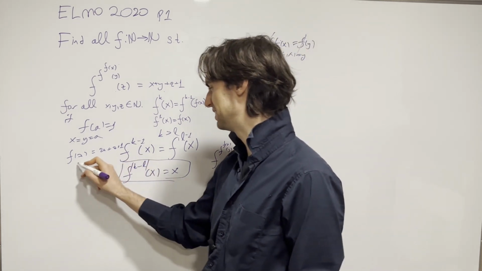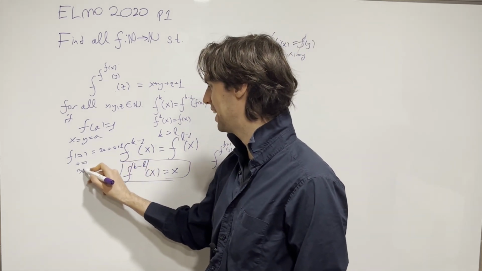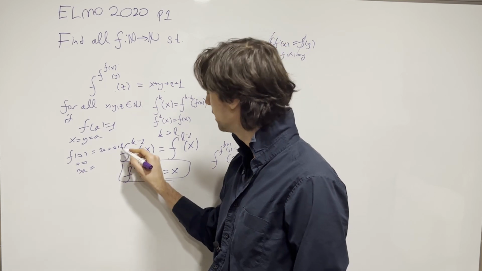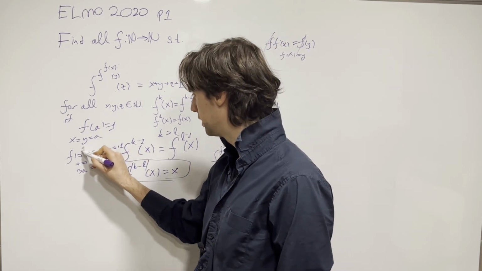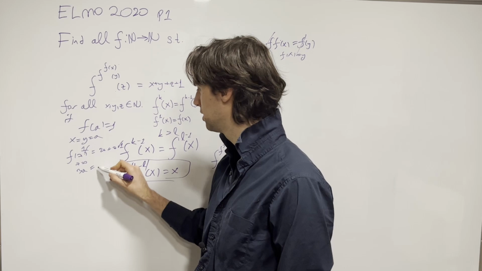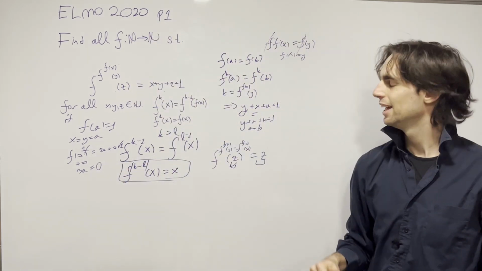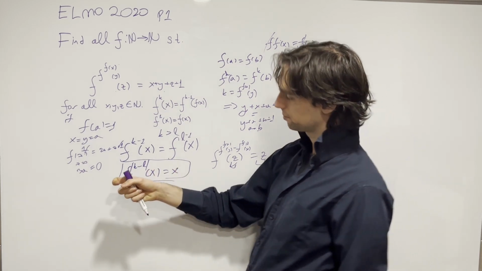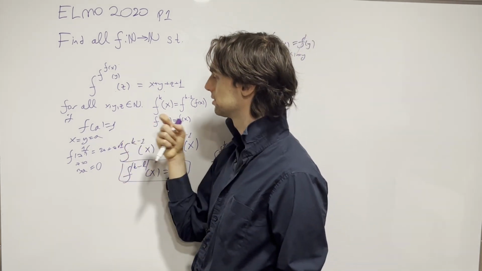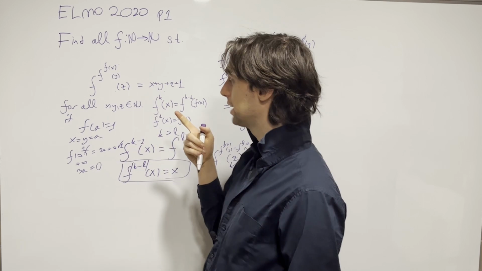But also just setting z equal to a, I would have 3a is equal to, actually I'd have a 1 here. The 1 would cancel out. 3a would be equal to 0. a is 0. That's not in the natural numbers. And so what we have is there's no such a such that f(a) is 1.